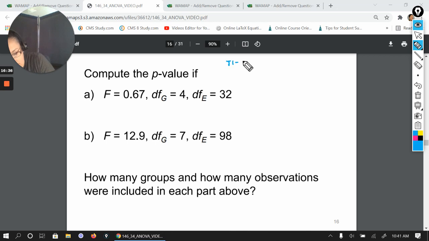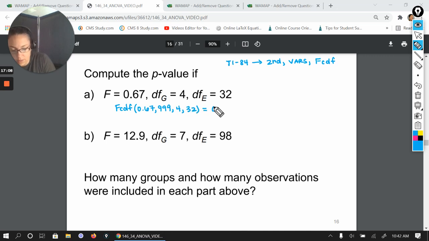On a TI-84 calculator, you would go second and then your vars button, which is the distribution button, and you would scroll all the way down to FCDF. So we would put in 0.67, comma 999, comma 4, and then 32. And this should give us a p-value of about 0.618.